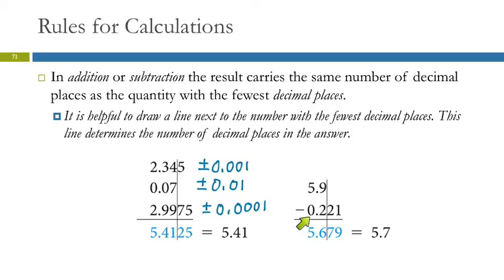So this one, here we're subtracting, same rule. 5.9, this has 1 decimal place. We're subtracting 0.221, and the calculator shows us 5.679. This is the least precise number. It only has 1 decimal place. And so we're going to round the final result to 1 decimal place. The number of significant figures doesn't matter. It can change.